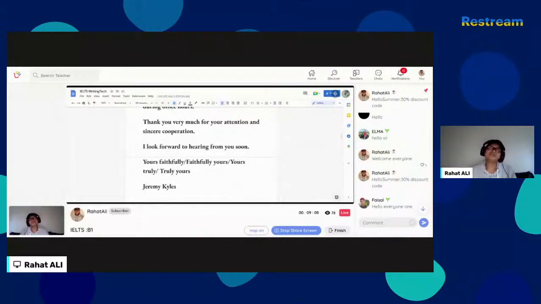Using correct form of tense is one of the amazing criteria in the IELTS exam to get good marks.